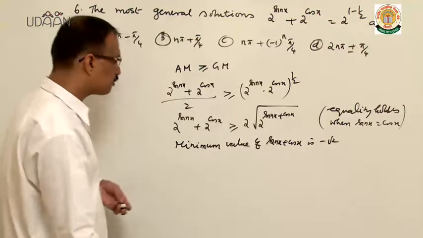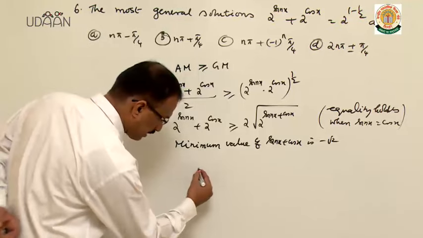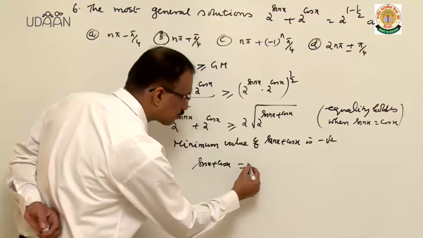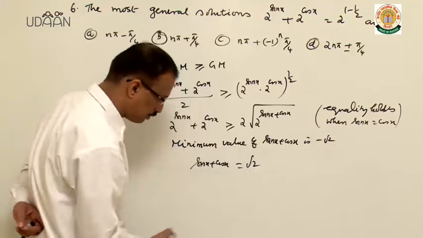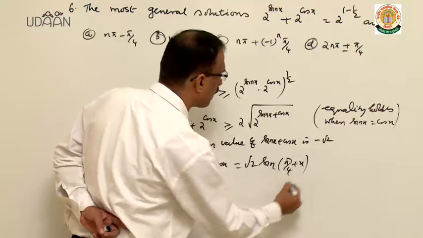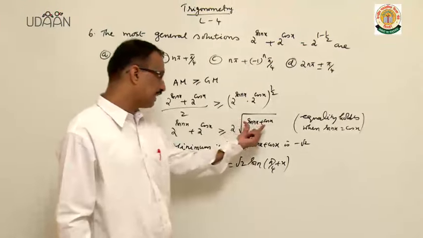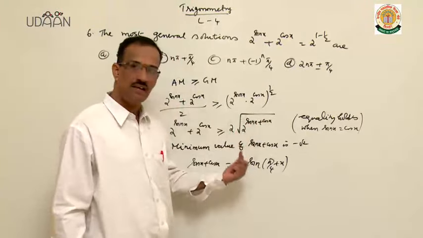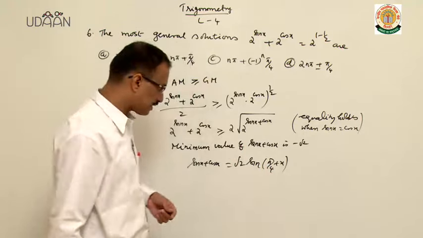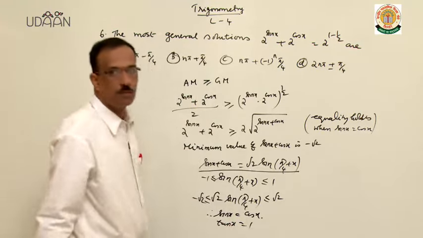So now sin x plus cos x equals root 2 into sin of pi by 4 plus x. We can convert it, as we saw in the previous question. That is, sin x plus cos x can be written by multiplying and dividing by root 2, then we get root 2 sin of pi by 4 plus x, or tan x equal to 1.